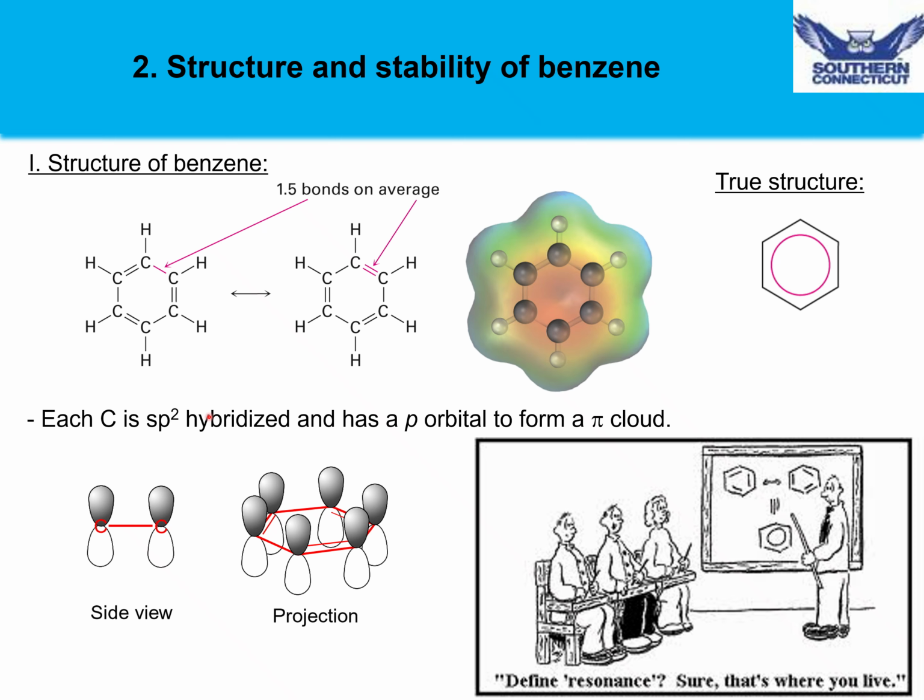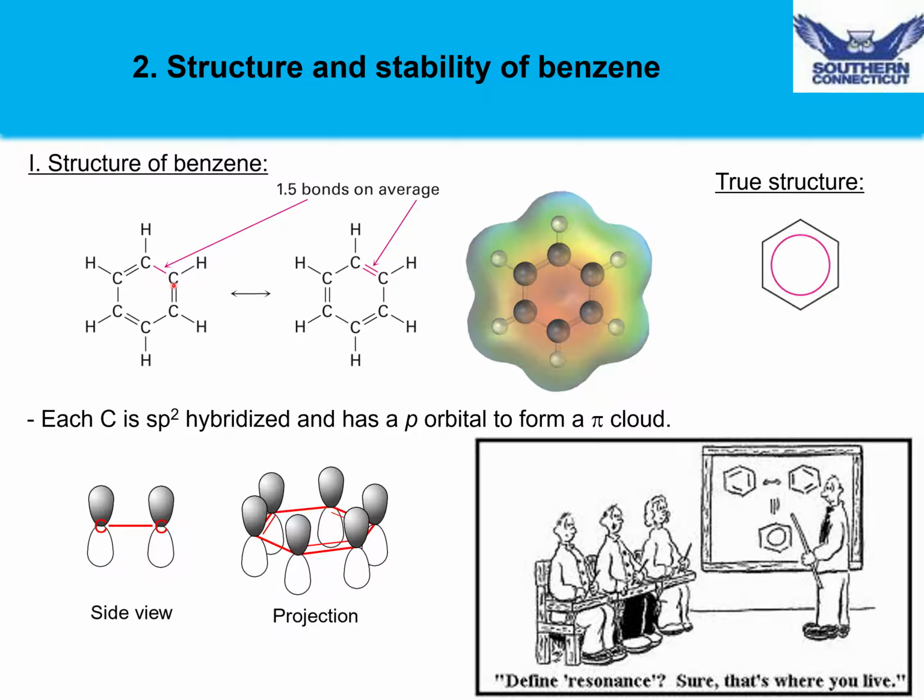Let's now discuss the structure of benzene and what is special about benzene. Benzene is a compound that contains a ring with 6 carbons that are joined together by alternating double and single bonds. There are two resonance structures for benzene that we can get from moving these pi electrons around the ring. On the left, we see that there is a double bond between these carbons, but if we move those electrons here, we would create now a double bond between these two carbons.